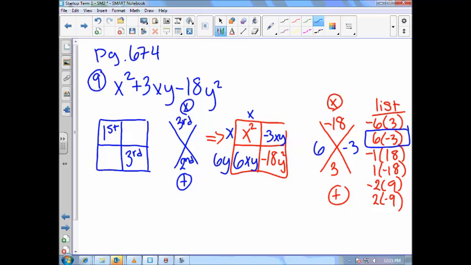So before we go any further, let's make sure the row times the column works. Is x times x, x squared? Is 6y times x, 6xy? Yes, so we always have to make sure the signs and everything's working out. Now this column, Braden, what's the common factor for the last column?